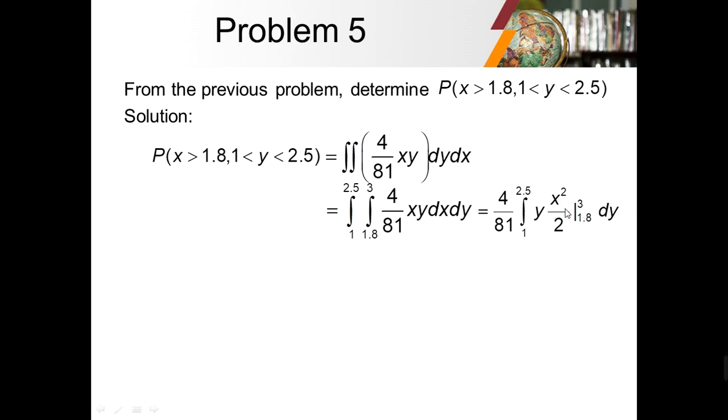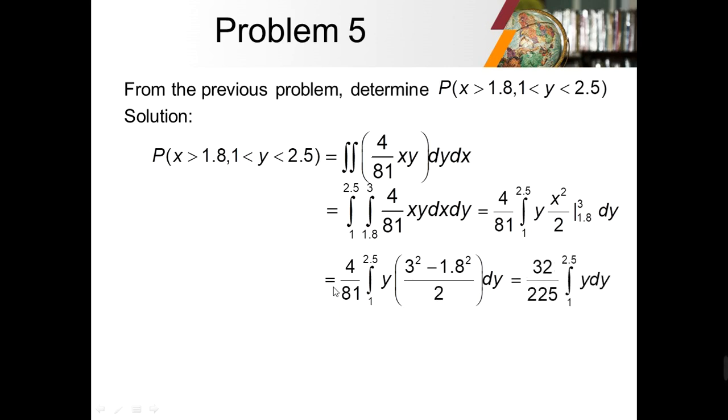So, that would be 3 squared over 2 minus 1.8 squared over 2. Okay lang yan, di ba? In LCD lang, para mas maiksi. So, calculate nyo lang yan. Tapos, i-multiply sa 4 over 81. Ang answer daw is 32 over 225.